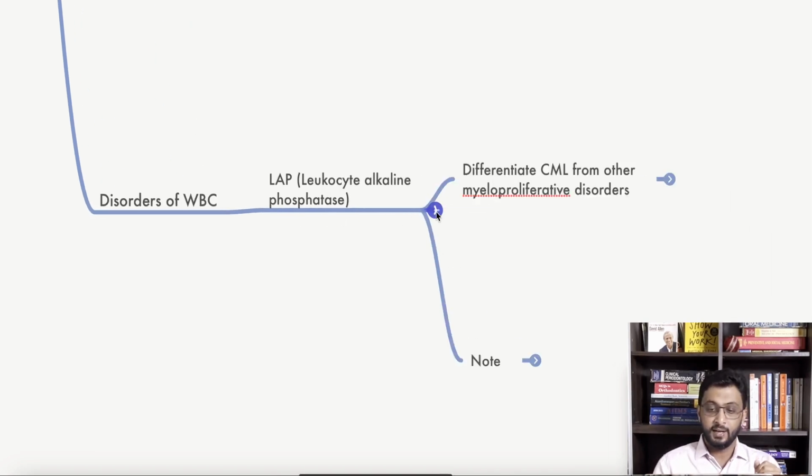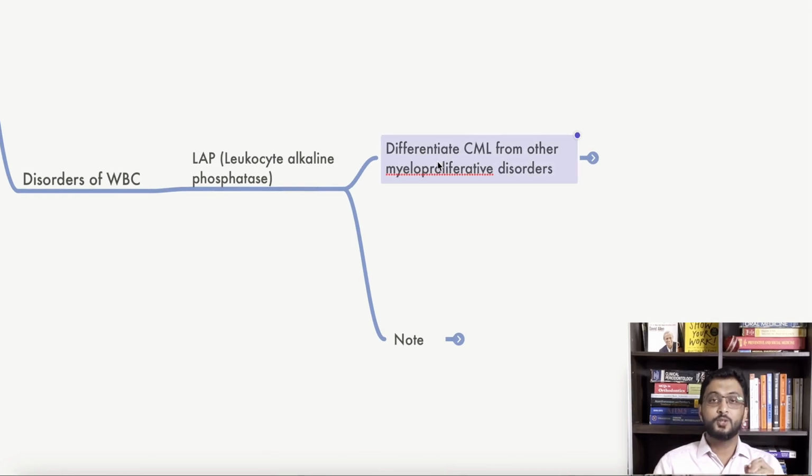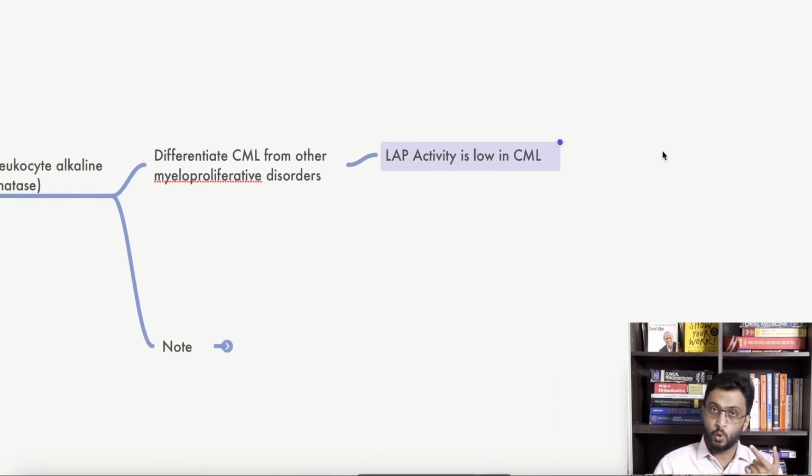Here it helps to differentiate chronic myeloid leukemia from other myeloproliferative disorders. Again, a question: which of the following enzymes helps to differentiate CML from myeloproliferative disorder? It is LAP. LAP activity is low in CML.